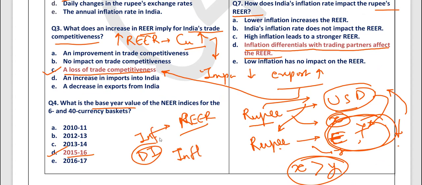So inflation would not affect REER by itself, but the difference in inflation between the basket of currencies and the Indian rupee will impact the REER. So the word that should be mentioned was inflation differentials. Here they were asking about inflation rate alone, so we gave the answer that inflation differentials with trade partners affect the REER.